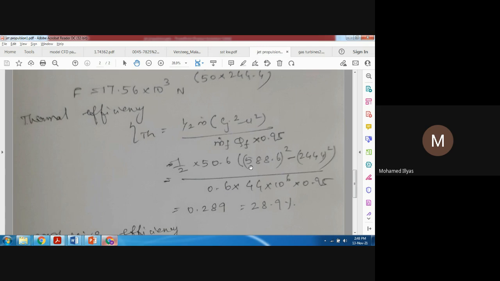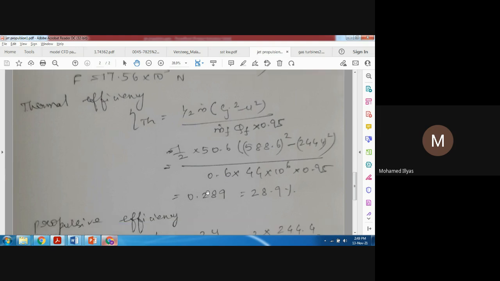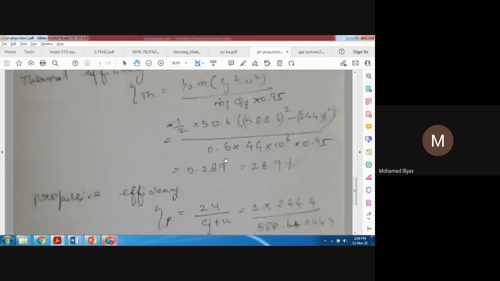We know the jet velocity as well as the flight speed. So 0.6 into calorific value into 0.95, your combustion efficiency. So we'll get our thermal efficiency as 28.9%.